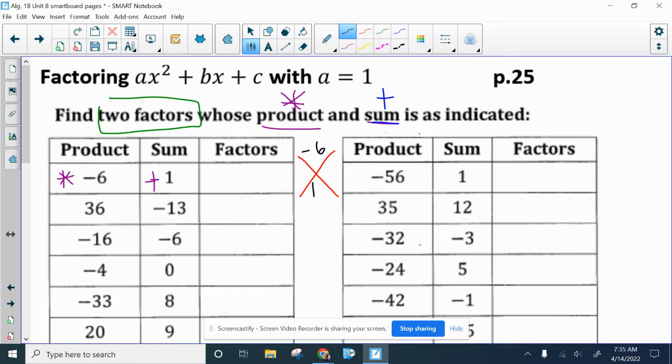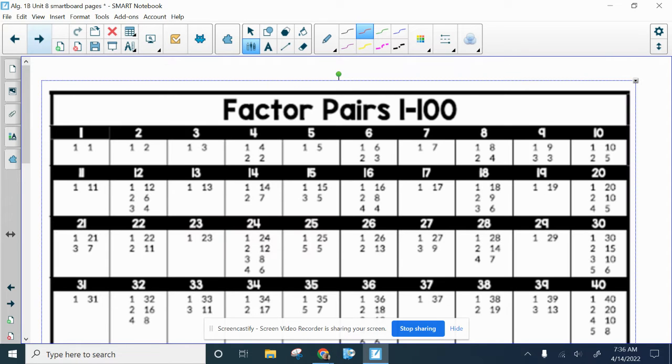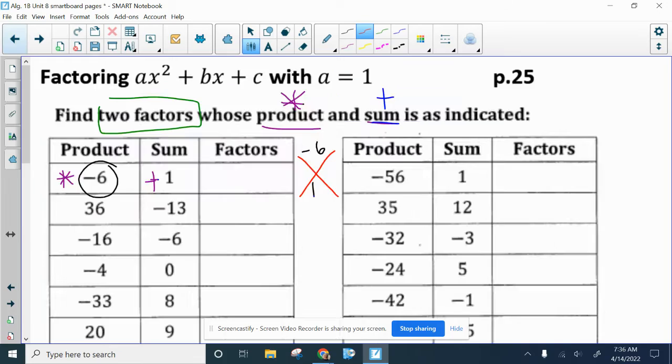Our factor sheet can help us. The product is what we're going to be looking at on our factor sheet. So let's go to our factor sheet and look at 6. These are the possible pairs. Our product is -6, so it's negative. What does that mean in terms of the signs of our two numbers?